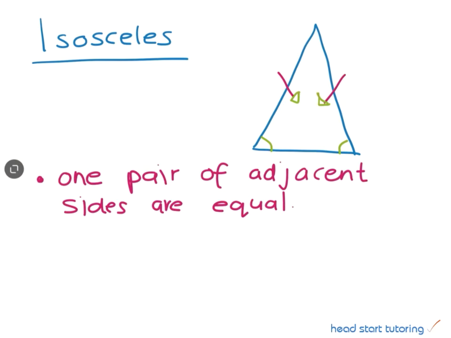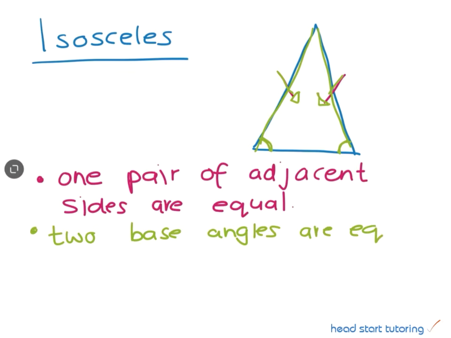So these lines indicate that these sides are equal. And then you can use that to help you remember that these base angles are equal. So that's another property of our isosceles triangle, that the two base angles are equal.